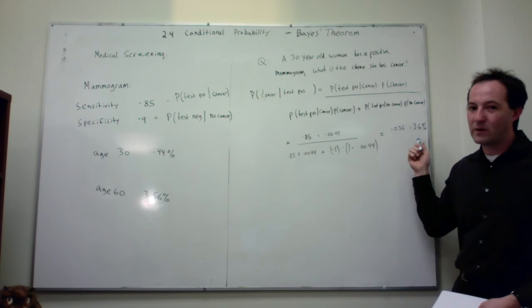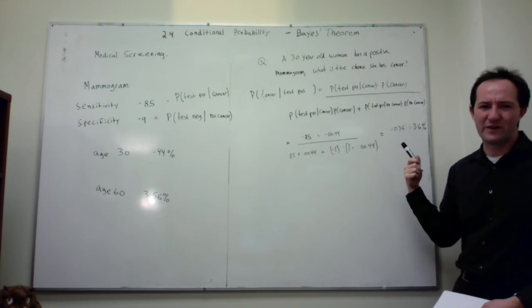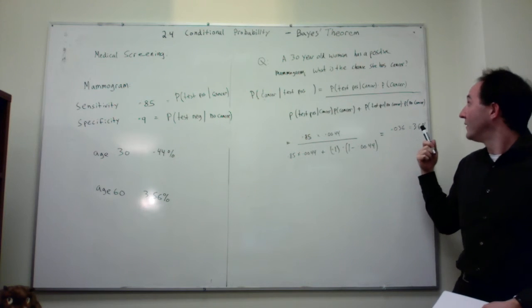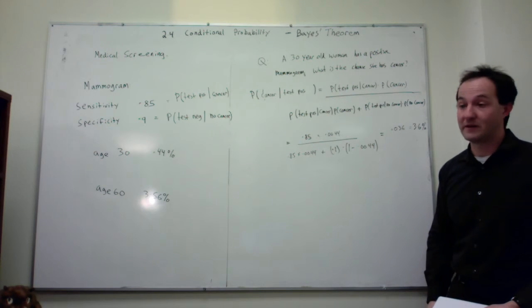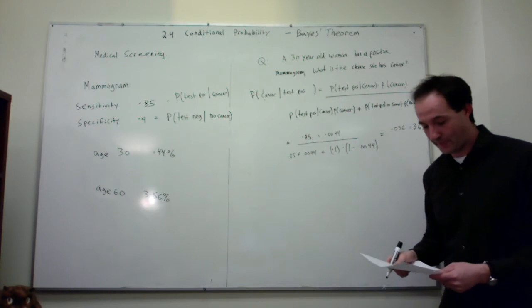This is a lot lower than most people's intuitive gut feeling for what the chance would actually be. And the reason is that it includes the prevalence in the general population, which is low.